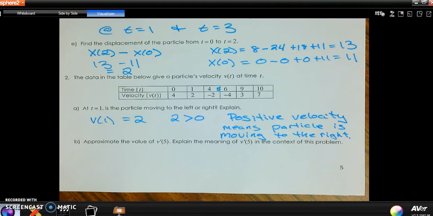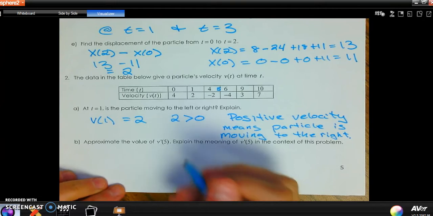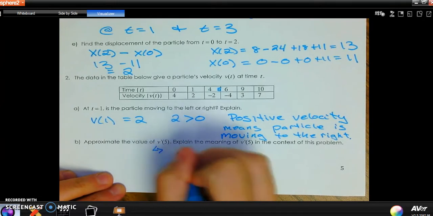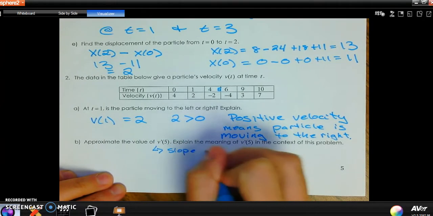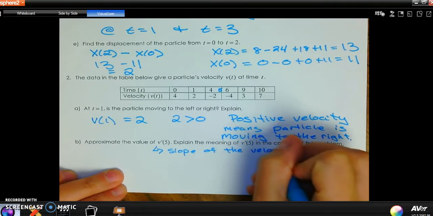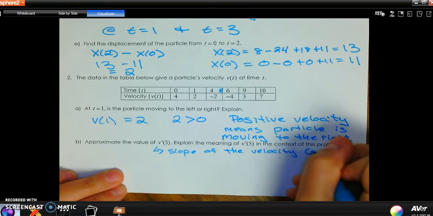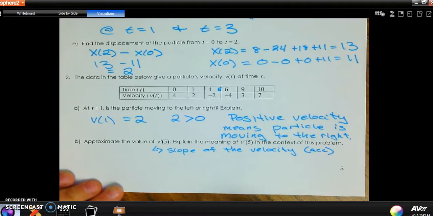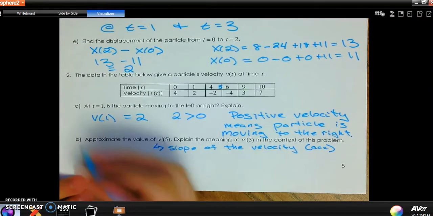Well, the derivative of velocity is the acceleration, or you could think of it as the slope of the velocity, aka the acceleration.